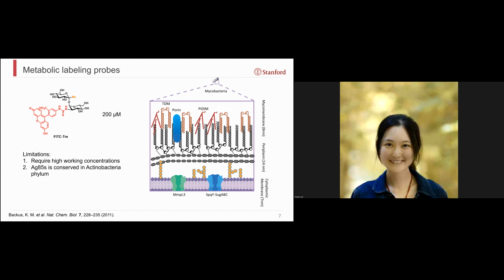So this probe could cause some toxicity when you study the bacteria in the macrophages because of the high working concentration, and also it's not specific to just Mycobacterial tuberculosis.